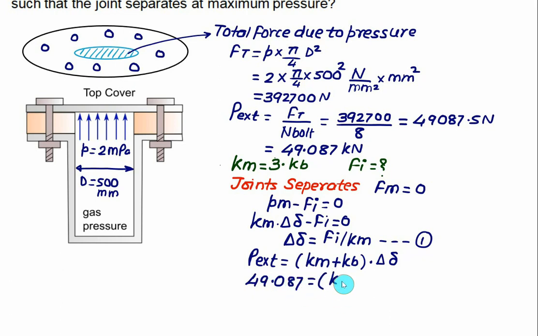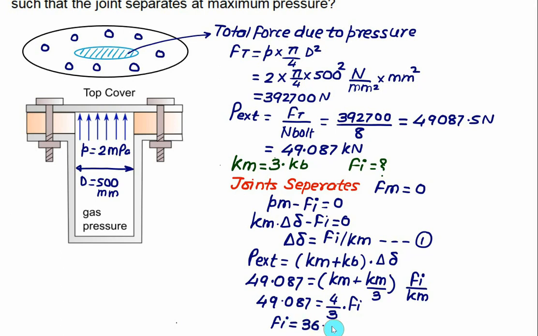Km we will keep as it is because we want to cancel it. Kb will be equal to Km divided by 3, and delta we can write as Fi divided by Km. So Km and Km will cancel out, and this value is the same as 4 by 3. So we have 49.087 equal to 4 by 3 multiplied by Fi. So approximately the preload comes out to be 36.815 kilonewton.